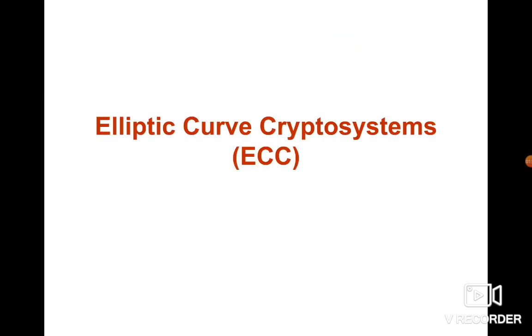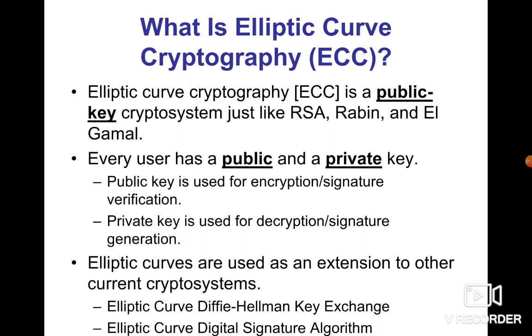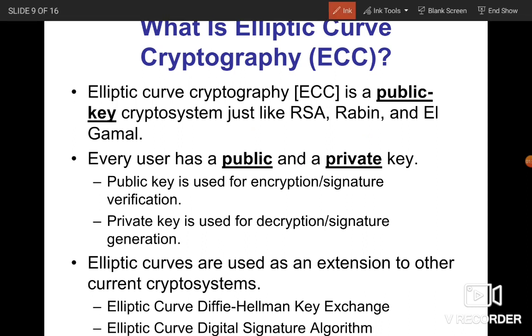Now we move on to elliptic curve cryptosystems. What is elliptic curve cryptography and why do we need it? Like RSA, elliptic curve cryptography, that is ECC, is also a public key cryptosystem, like the other algorithms RSA, Rabin, El-Gamal and so on.